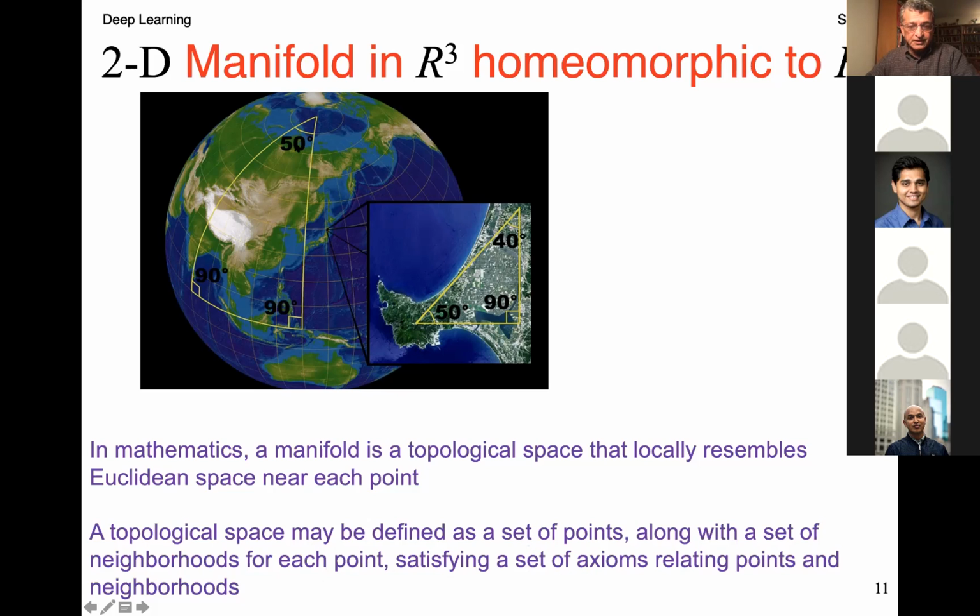So for every point, there's a set of points, the neighborhood points, and some set of axioms relating points and neighborhoods. And this is being mapped from one to the other. So we say these are homeomorphic. This triangular surface here and this triangular surface in 2 dimensions are homeomorphic.